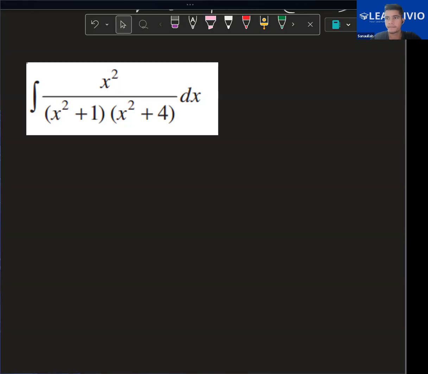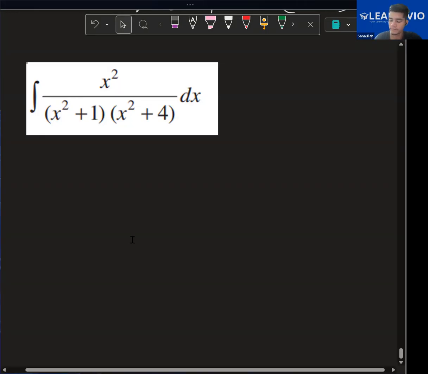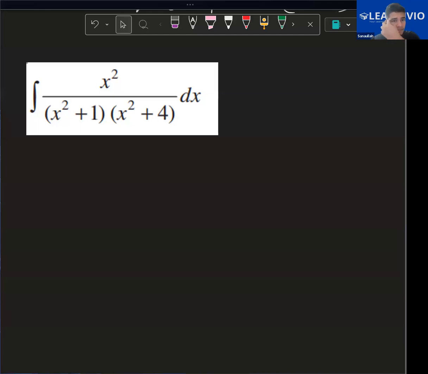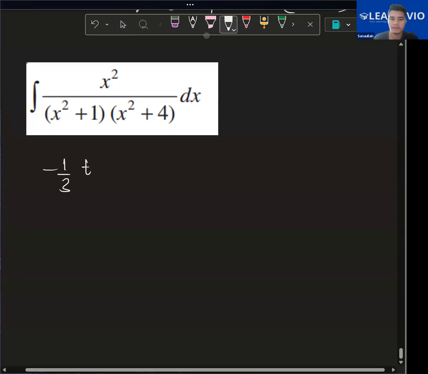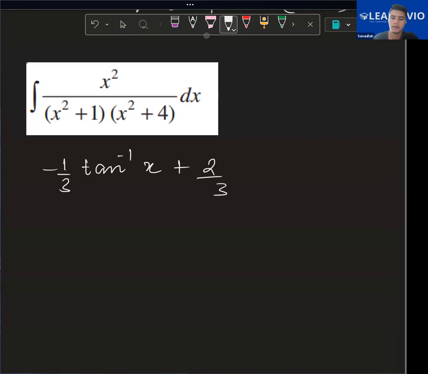Yes, sir. Done. तो Sir, मेरा है 1/3 tan inverse x plus 2/3 tan inverse x by 2 plus c. 1/3 tan inverse of x. Yeah, 1/3 tan inverse x. There will be minus of 1/3, sorry, minus tan inverse of x by 2 plus c. सबका आ गया?